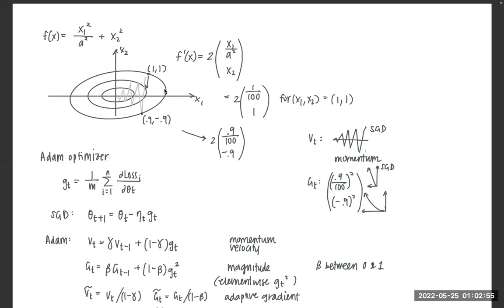Okay. And then if you do gradient descent, you are going to move in this direction. So you may move here to get (0.9, 0.9). I just made up the number, it may not be that accurate. And then if you compute the derivative, it's 2 times x1, plugging in 0.9, divided by 100, and x2 is negative 0.9.